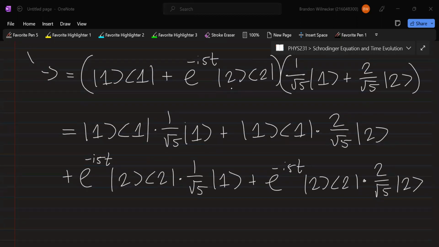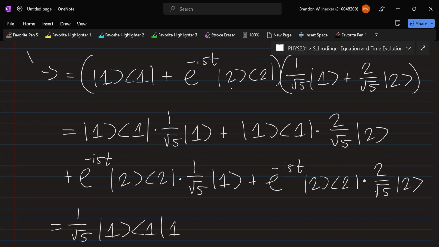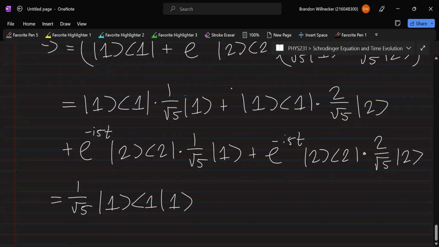Let's neaten it up a bit by taking all the constants to the front. So we're going to get 1 over root 5, 1, and then times the ket 1. But notice that when we take this outer product times the ket, it becomes a ket times an inner product. In other words, it becomes the projection onto 1.